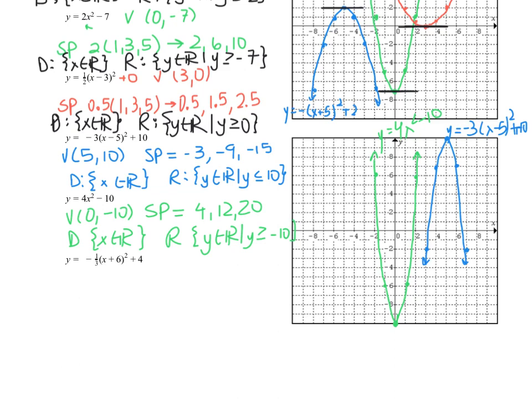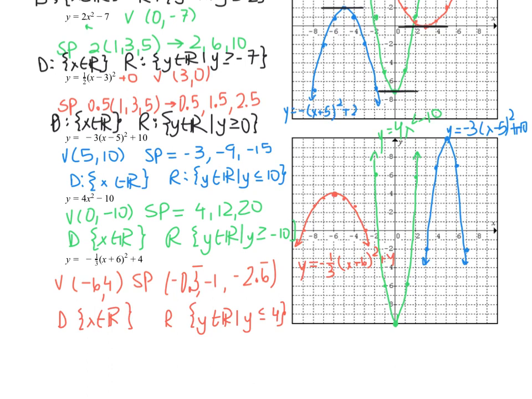And our last one, again, pause the video, make this one perfect, write that vertex and step pattern, and then graph it and state the domain and range. All right, so your vertex should be -6, 4. The step pattern, multiply that 135 by -1/3, turn it into a decimal so you can visualize it better.